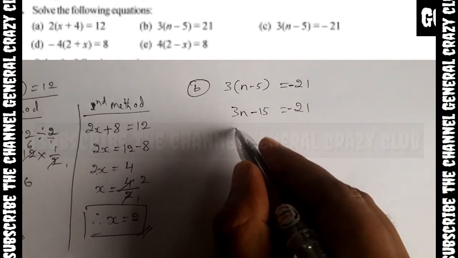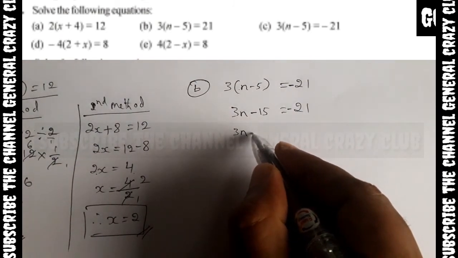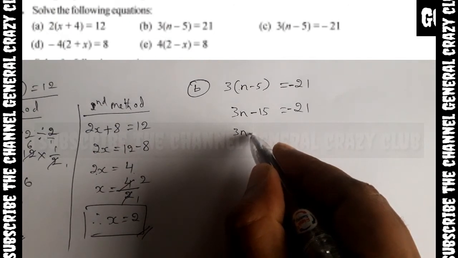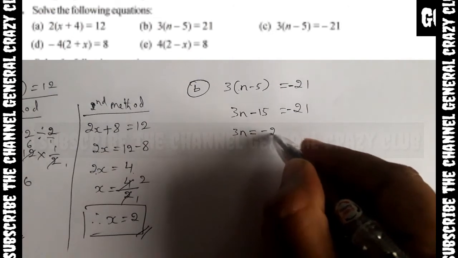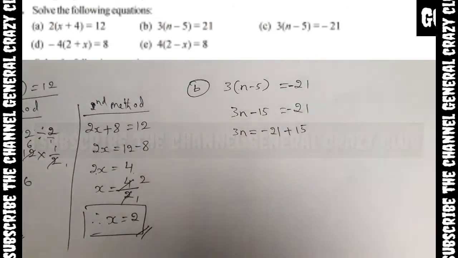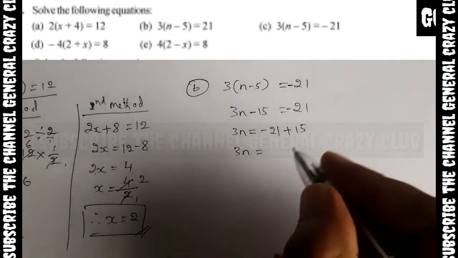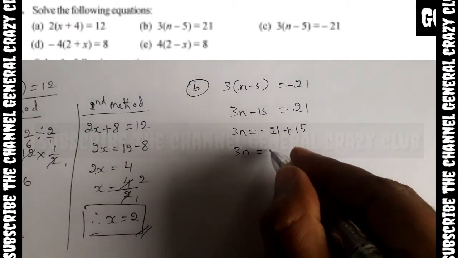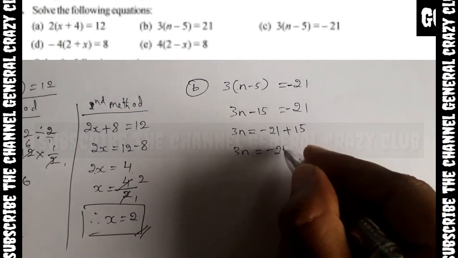After that, 3n equal to 21, it is transposing here, minus 15 transposing to plus 15. 3n is equal to 21 plus 15... minus 21 plus 15.